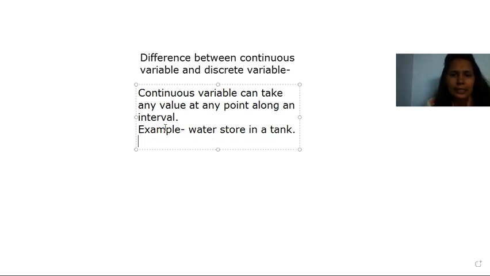Next is discrete variable. Discrete variable can take only certain values along an interval.